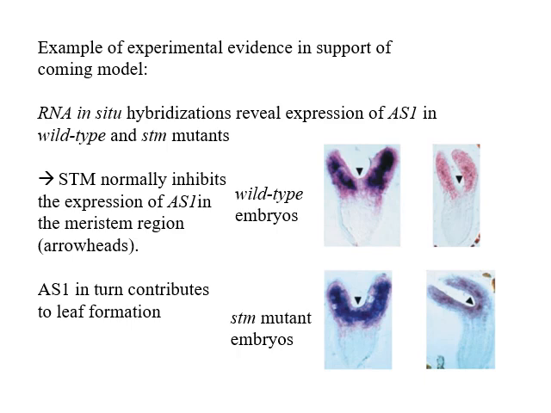So I mentioned that STM suppresses leaf formation, and here I'm going to show part of the evidence in support of that. These are RNA in situ hybridizations, so probes that have antisense sequence of mRNAs of genes of interest, and in this case they're not radioactively labeled. They're labeled with a UTP that has a so-called DIG molecule attached to it.